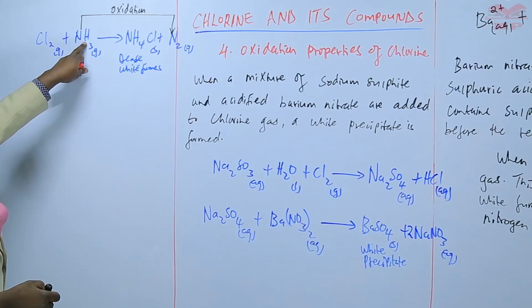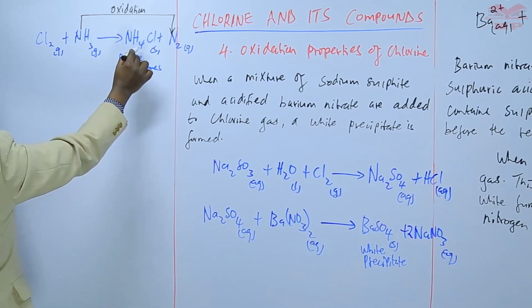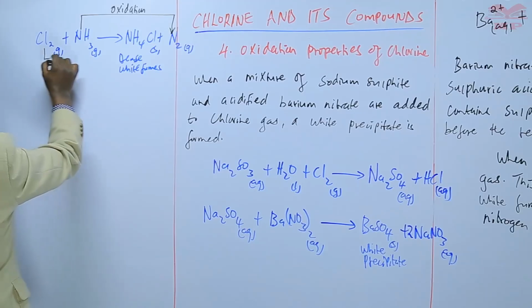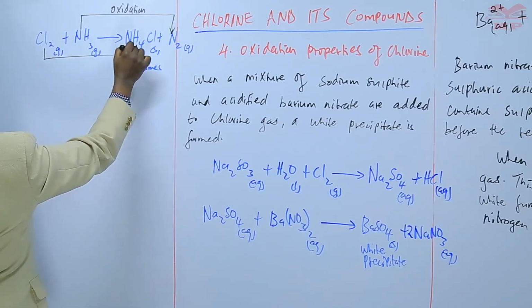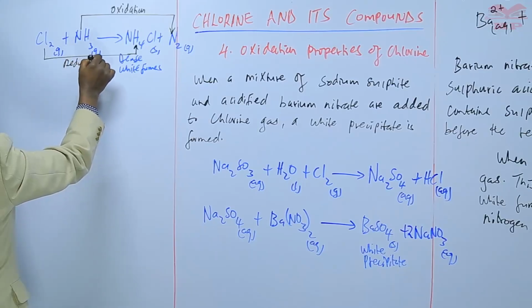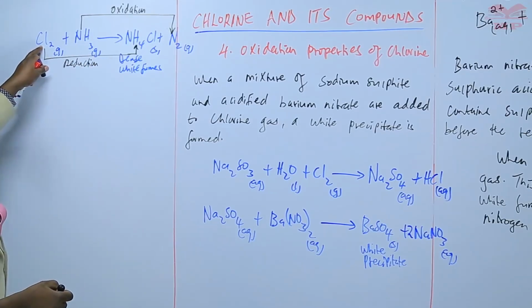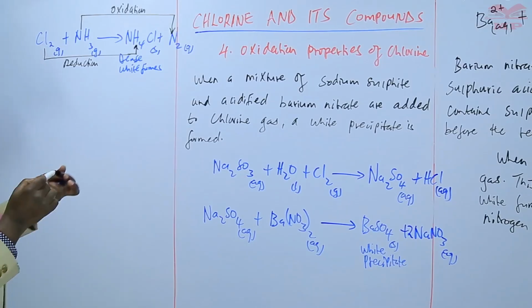Because the hydrogen has been removed. On the other hand, chlorine, the hydrogen is added. So there is hydrogen that is added, and that is a reduction. So in other words, we can say that chlorine is the oxidizing agent.